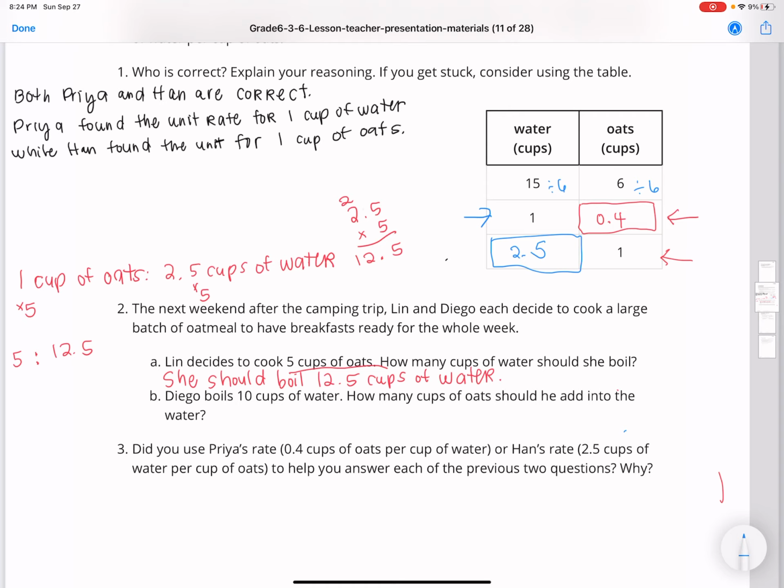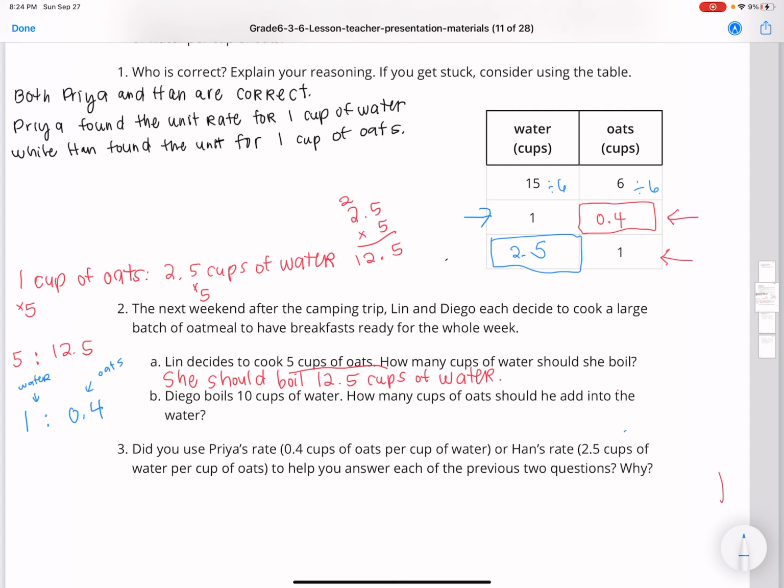So I'm going to put his at the bottom right here, and it's going to be 1 cup of water, which is 1 for the water, and 0.4 cups of oats. So just know that this side is representing the oats, while this side is representing the water. And I'm sorry if my notes look sloppy, it's just that I'm limited on space.